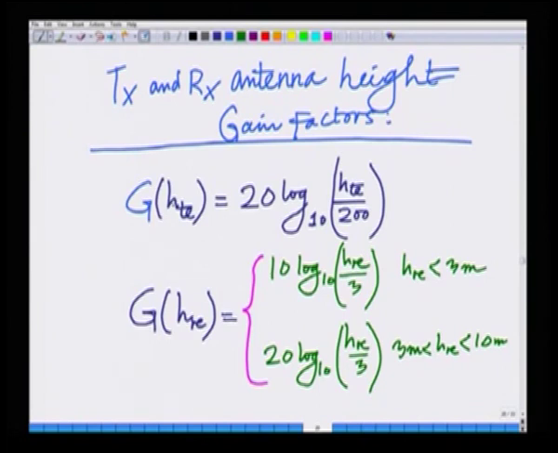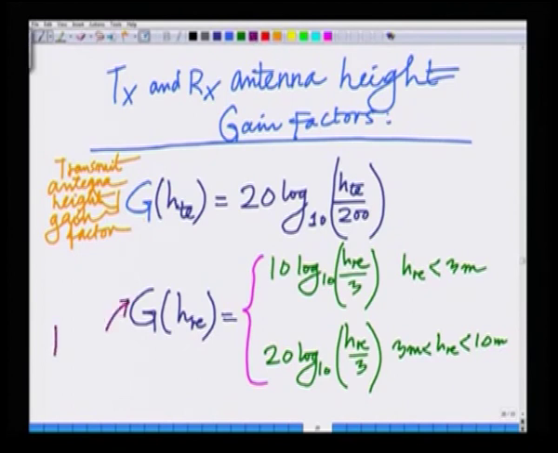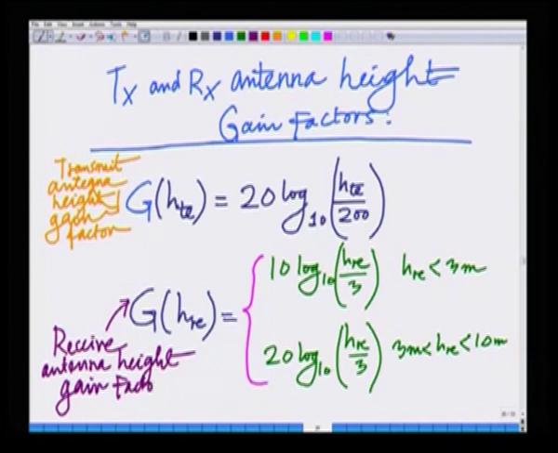So, we are saying there are two gain factors. The first one is the transmit antenna height gain factor, and the second is essentially the receive antenna height gain factor.